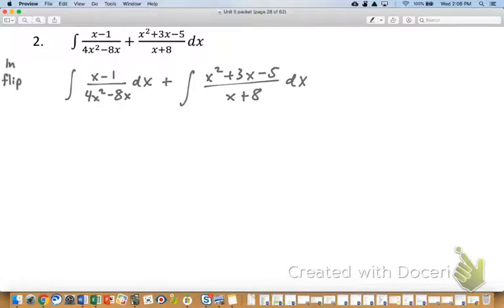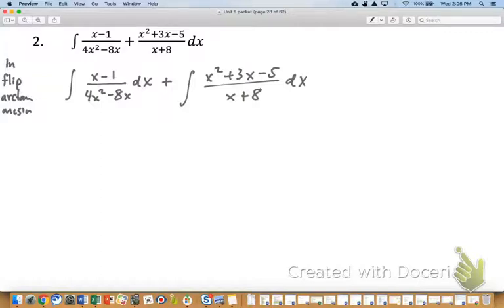Yep, natural log. And is this going to lead us to natural log? When you're considering that question, what you're really asking is, is the derivative of the denominator equivalent to the numerator? And the answer is, well, it's not, but we can get there, can't we?